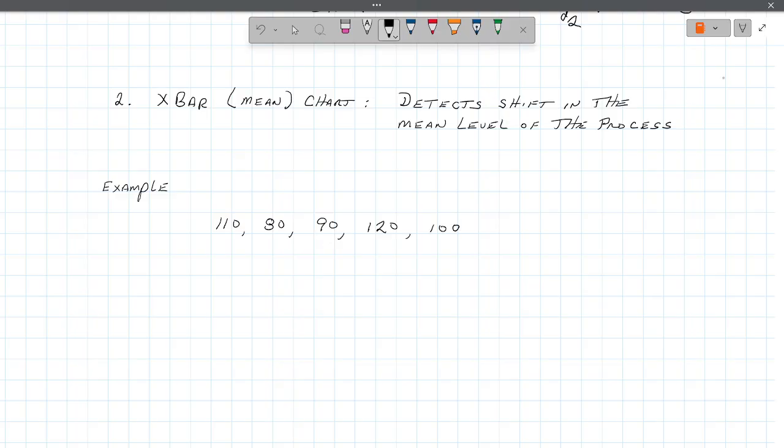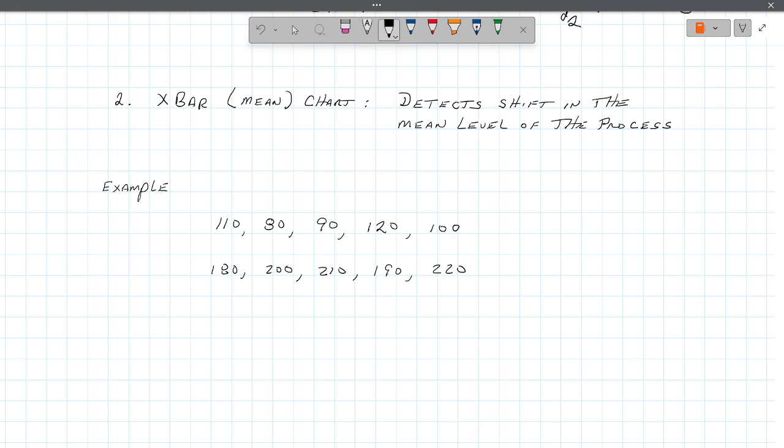The next process is 180, 200, 210, 190, and 220.